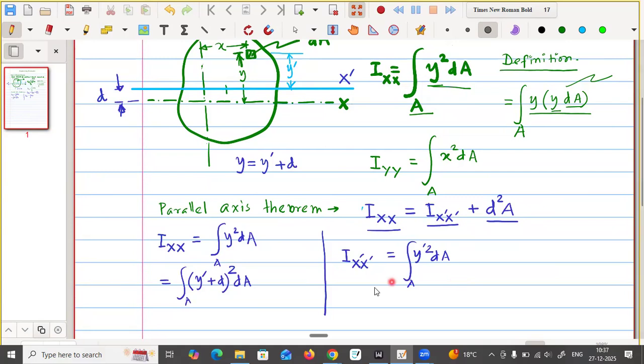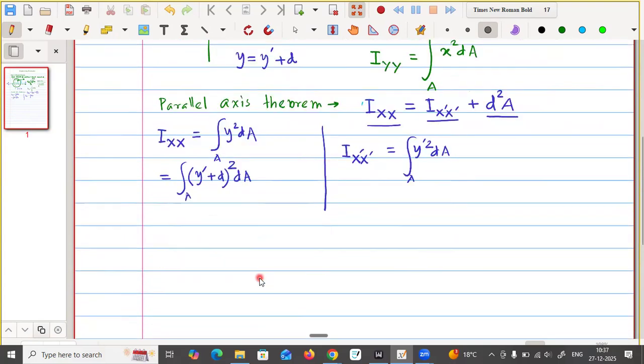Now, if I basically expand this, it will be y prime square plus 2y prime d plus d square into area. Here it is this.